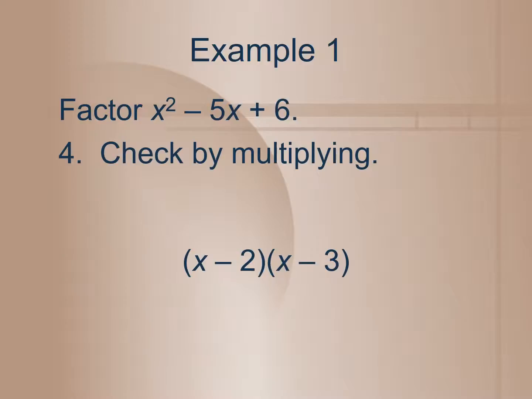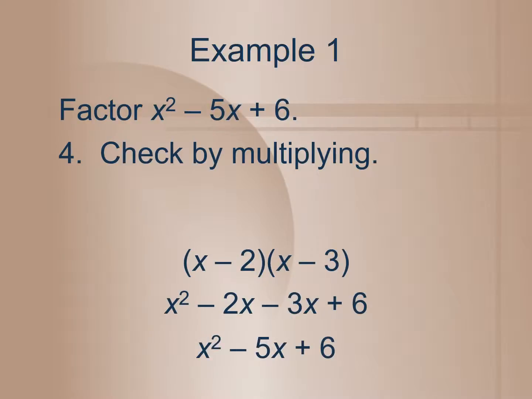Then we can check our answer by multiplying. x times x is x squared. x times negative 3 is negative 3x. Negative 2 times x is negative 2x. Negative 2 times negative 3 is positive 6. When we simplify that, we get x squared minus 5x plus 6. So it works. We checked our answer and we know that it is correct.